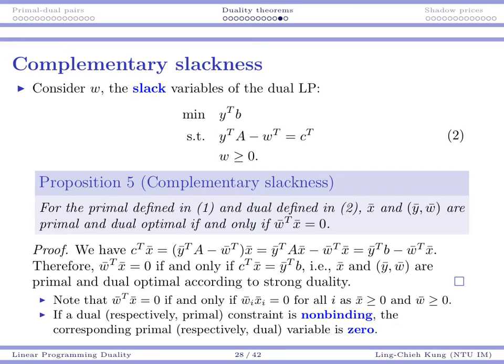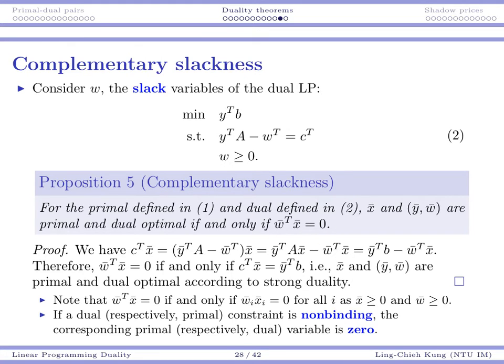And also because in your standard form X bar is non-negative, and here we also require your slack to be non-negative, each individual element is non-negative. If you have a lot of pairs of non-negative variables multiplying each other, and then what will you have?